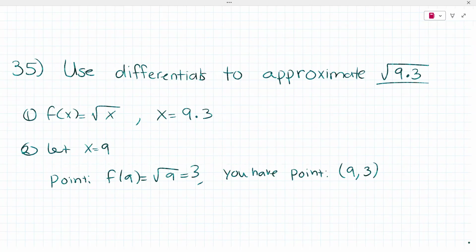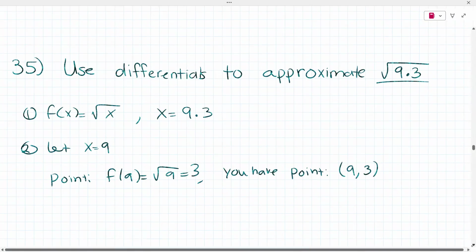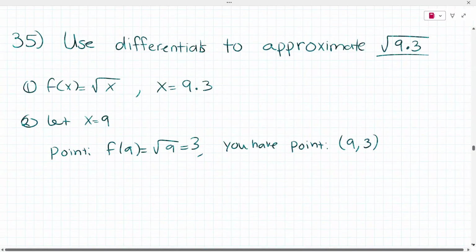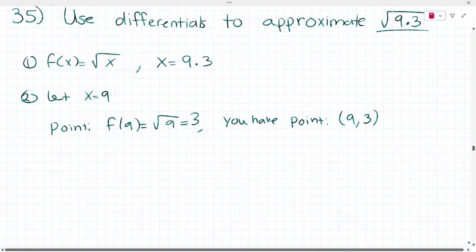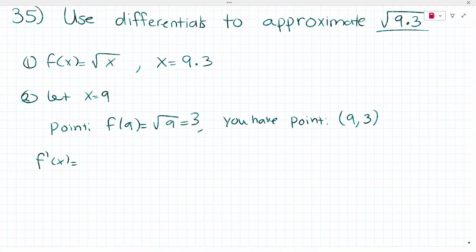Okay. Now what we'll do next is find f prime of x. So f prime of x is 1 over 2 square root of x. And we're going to replace our x with 9.